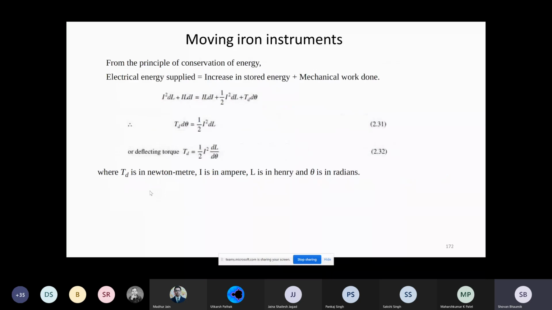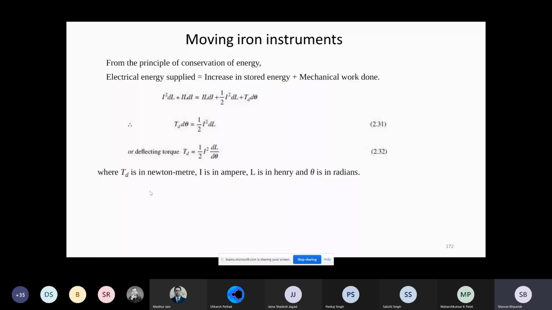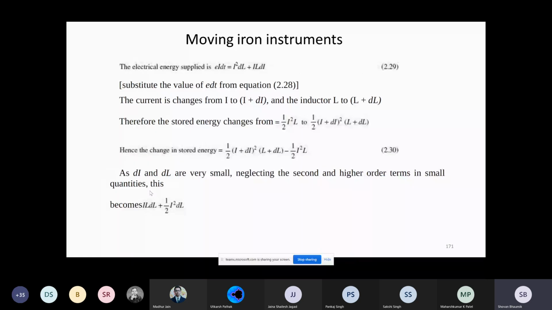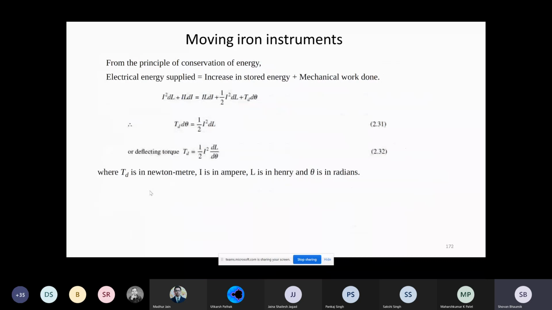Now if you balance these two for energy conservation, i squared dL plus i L di will equal i L di plus half i squared dL plus Td d theta, which is the same as the electrical energy e i dt, that is i squared dL plus i L di.